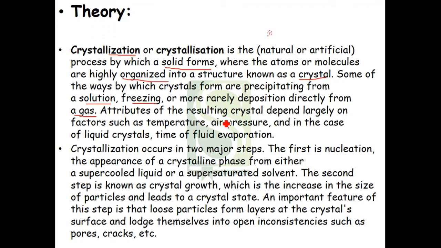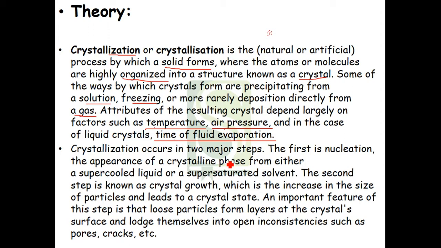So the attributes of the resulting crystal depend largely on factors such as the temperature, air pressure, and in case of liquid crystals, it depends on the time of the fluid evaporation. So we can say factors like temperature, air pressure, time, also the concentration of the solute in the saturated solution, determine the rate of crystallization.